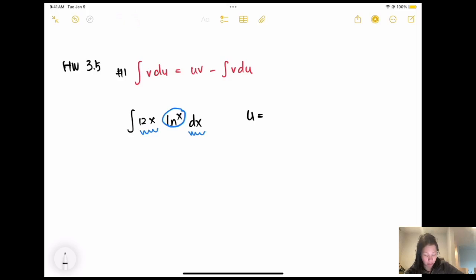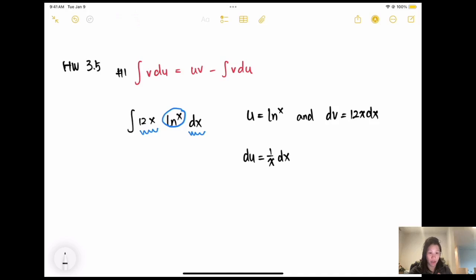So u is equal to ln of x, then dv is equal to 12x dx. Then we differentiate u and integrate dv. So du is equal to 1 over x times dx.